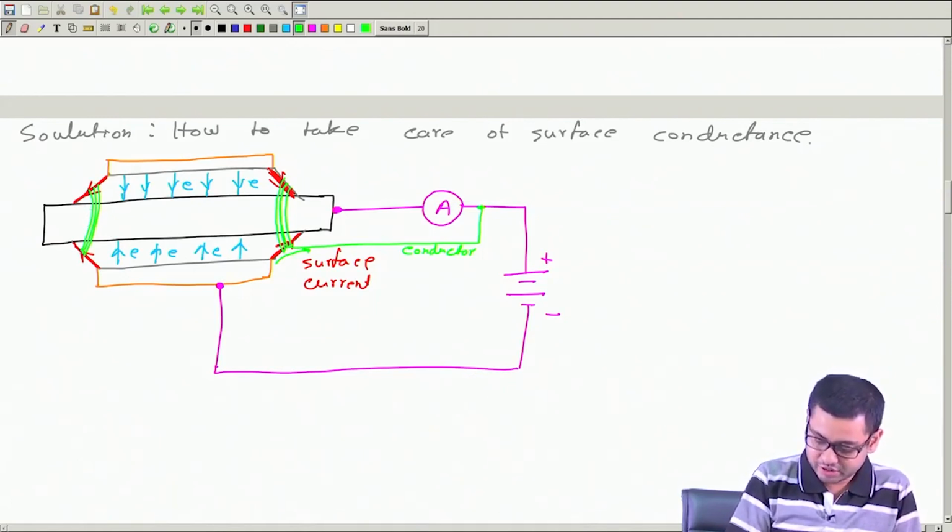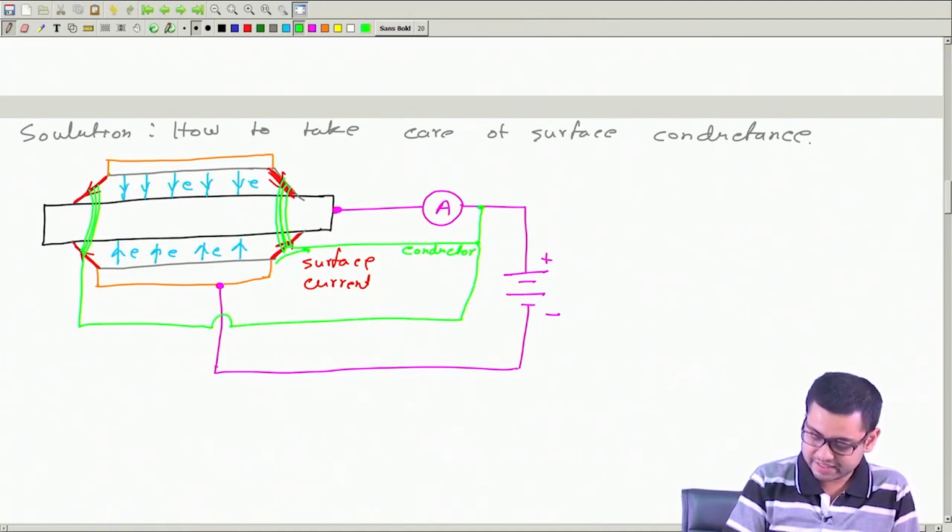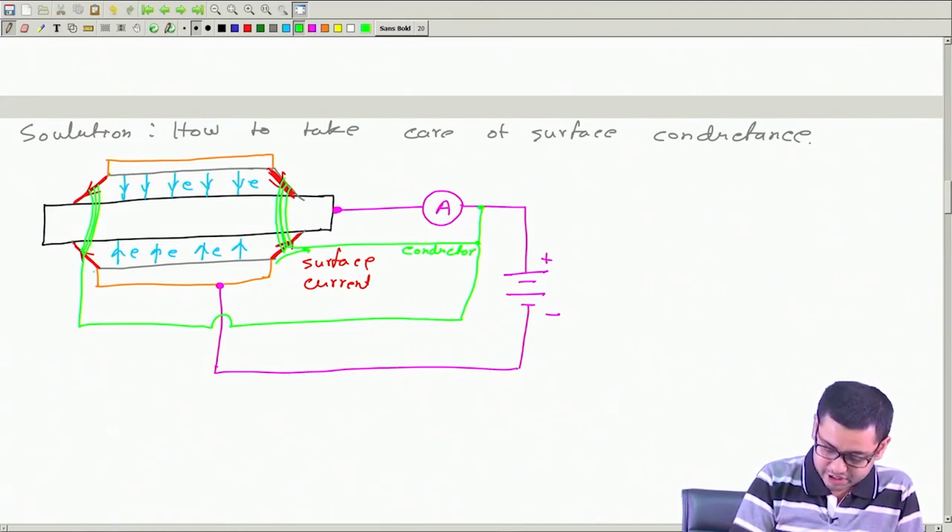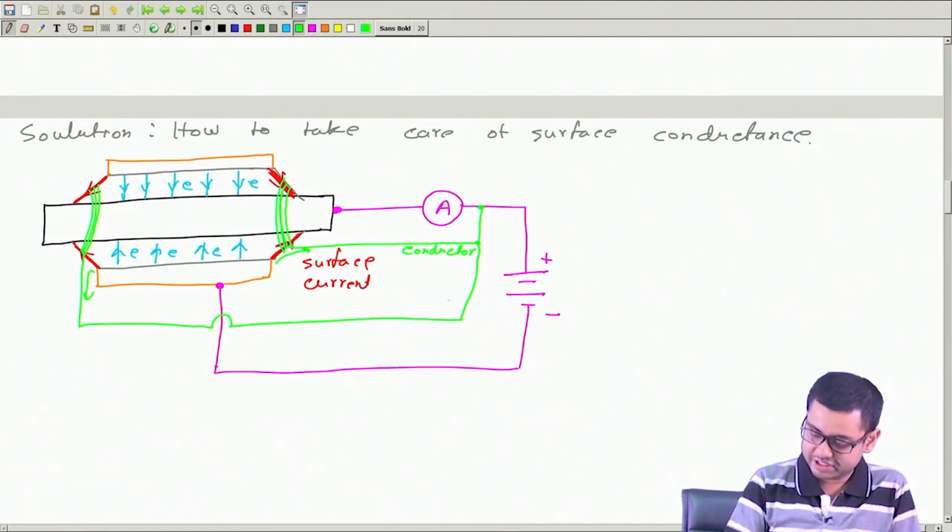Then we can have another bypass path from here like this. So these electrons which were going like this will get bypassed and come directly like this. So this current will not flow through the ammeter.